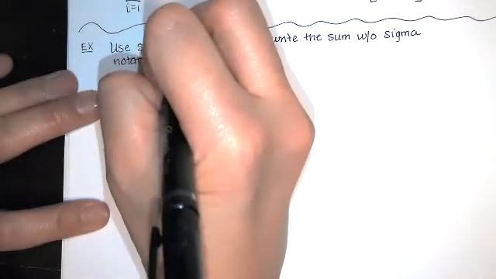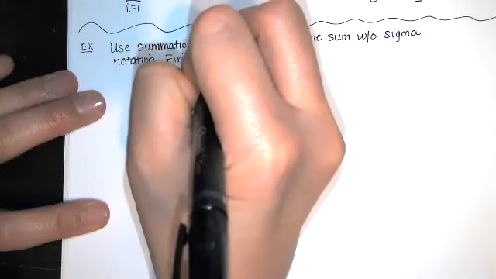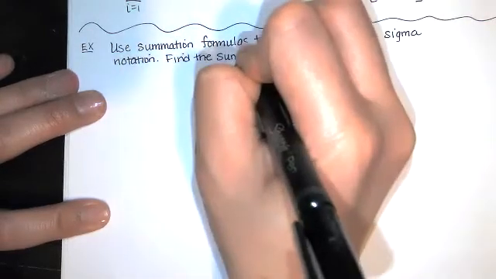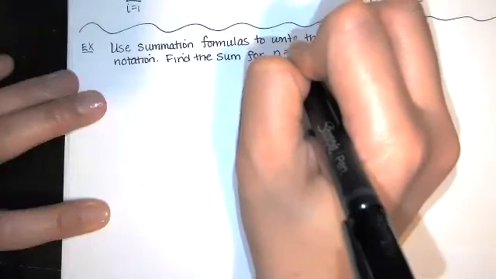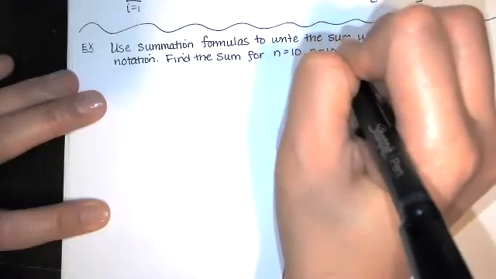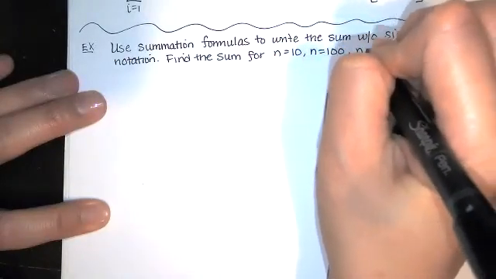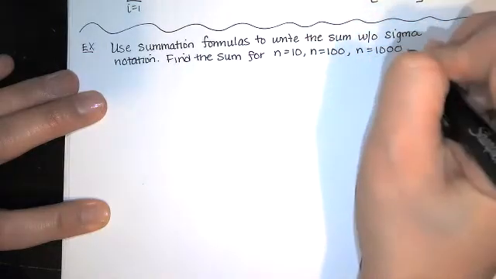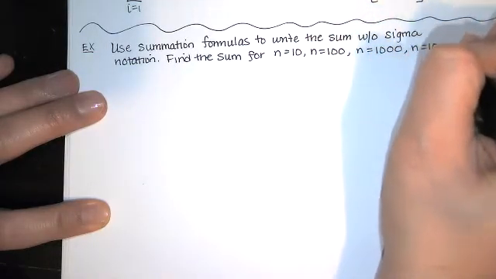And then we want to find the sum for different values of n, for n equals 10, n equals 100, n equals 1,000, and n equals 10,000.